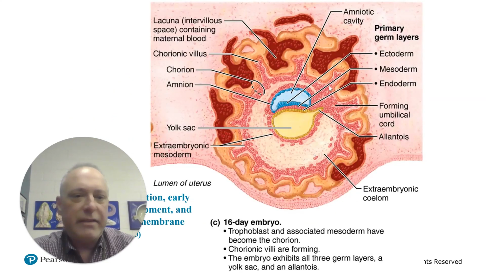By 16 days, we have gastrulation that has occurred, and I know that because I see our 3 primary germ layers, ectoderm, mesoderm, and endoderm, which have shown up. We still have our yolk sac. This is going to turn into the gut, and we've got our amniotic cavity.